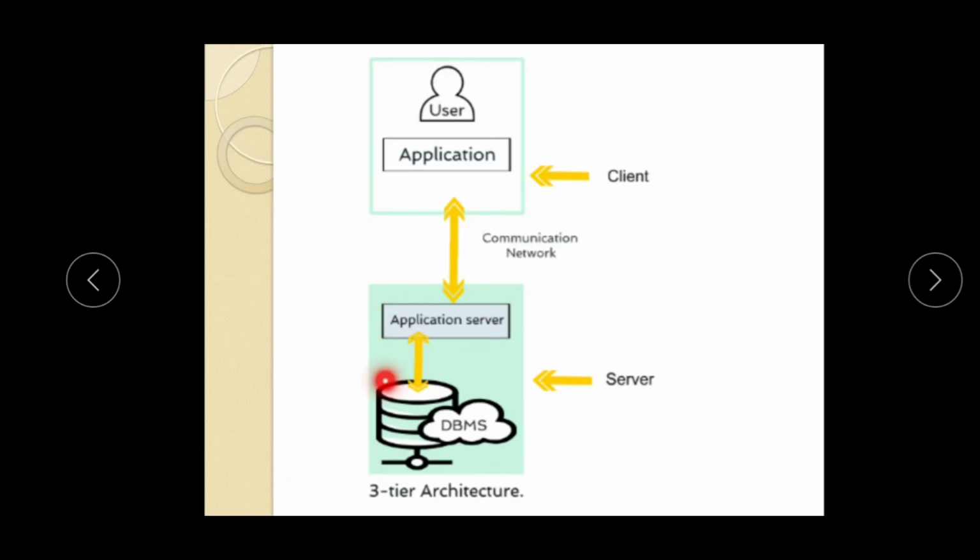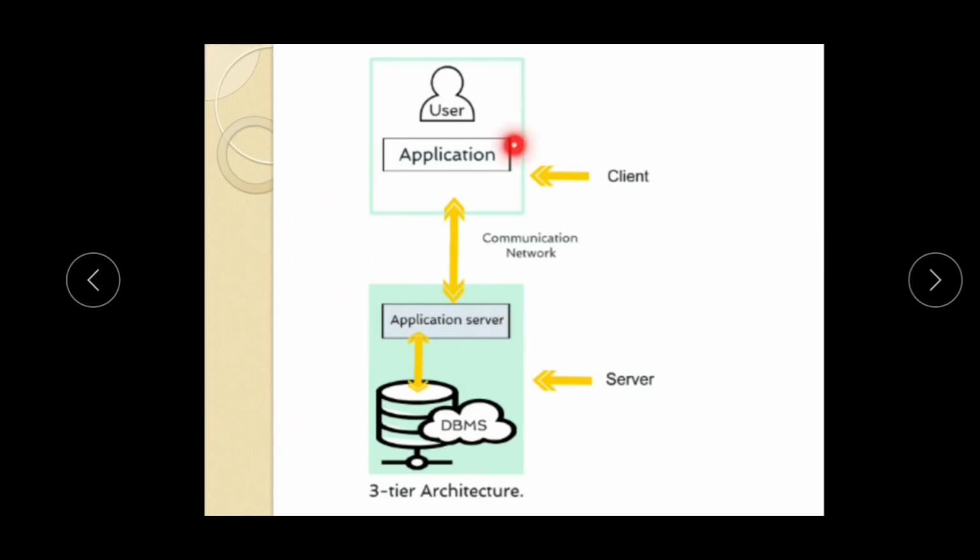For example, in an SBI bank database, there will be separate credentials for the user as well as the bank personnel. Why? Because bank personnel have many additional features they can access, but users can view only limited features.